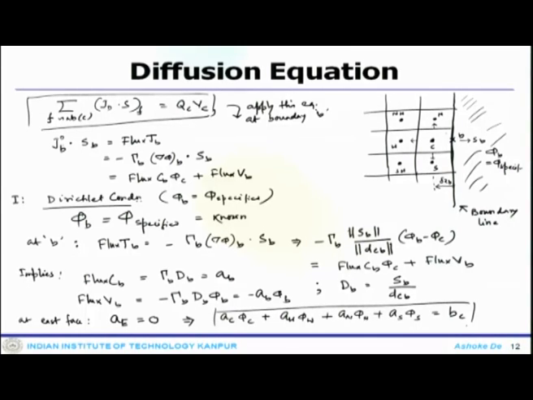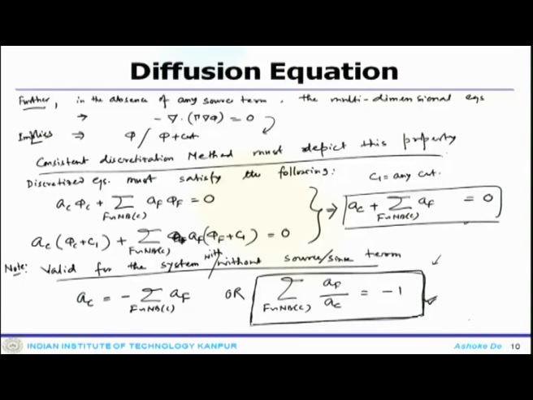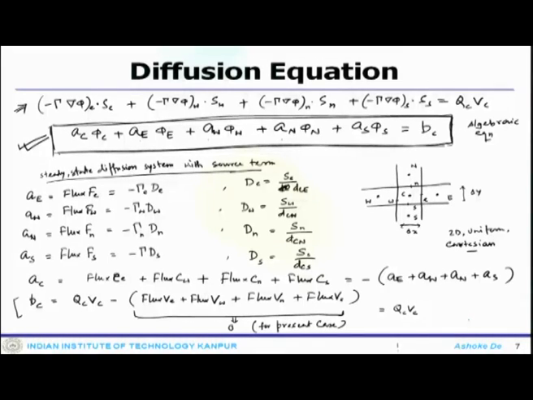So, if you compare with this equation, the complete equation which you got for any interior element, where you have AC phi C, AE phi E, AW phi W, AN phi N, AS phi S. So, that means one interior cell has all these east, south, west, north elements. So, that is the governing equation.